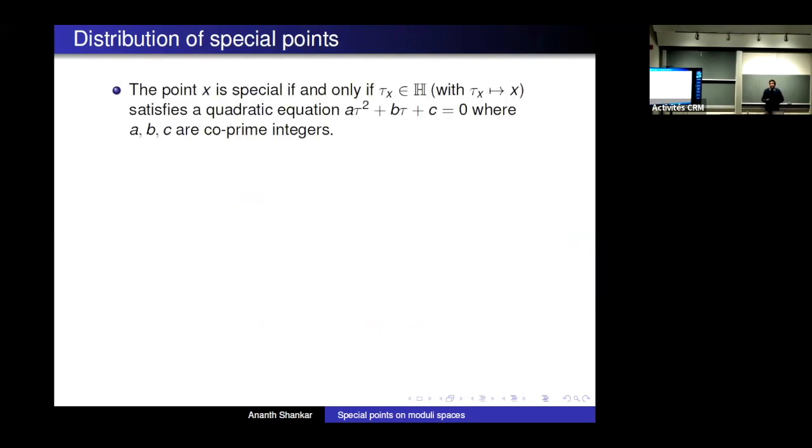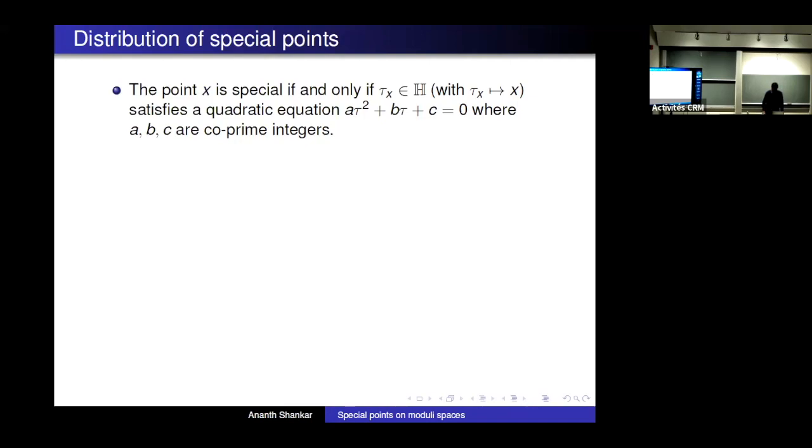Again, it's not very hard to figure out when an elliptic curve has an extra endomorphism just by using the definition of your elliptic curve as C mod lambda. All you need to know is when there is a linear map from C to itself that sends a lattice to itself. That again ends up being a question of solving linear equations.